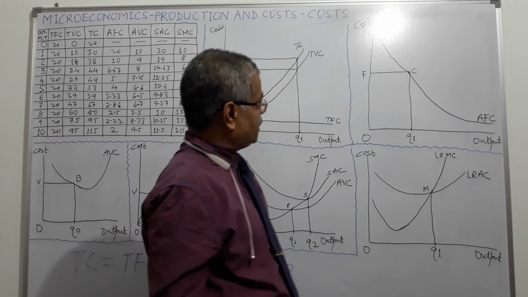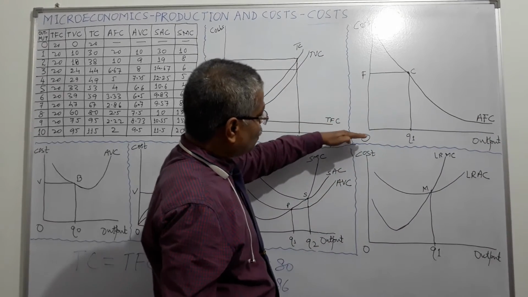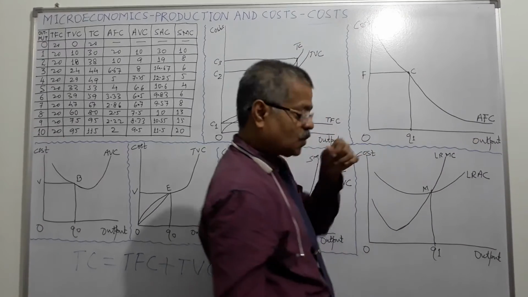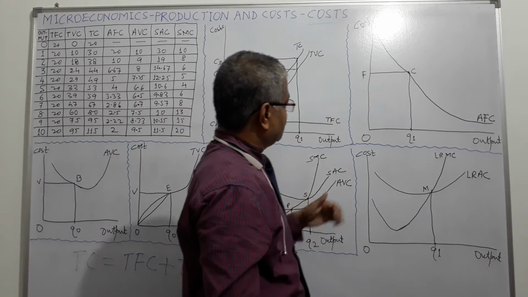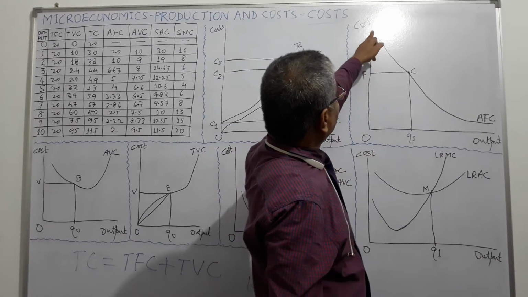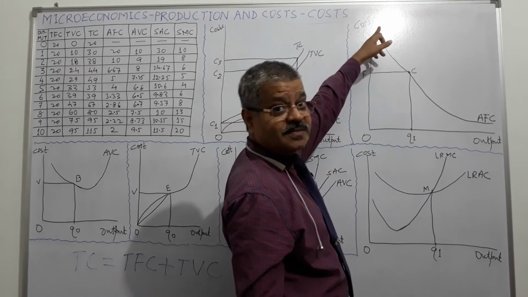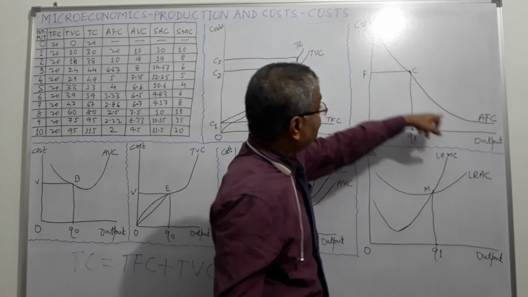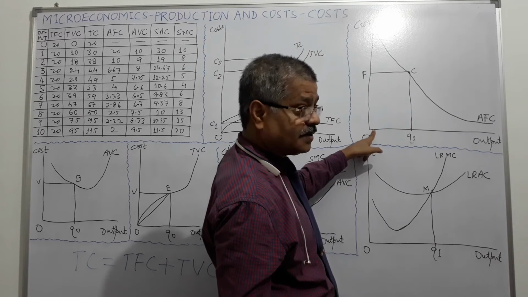This is a graph of average fixed cost. Horizontal is output, vertical is costs. Here you will find what is happening when the output is at its lowest. Average fixed cost is abnormally high when the output is here, right?